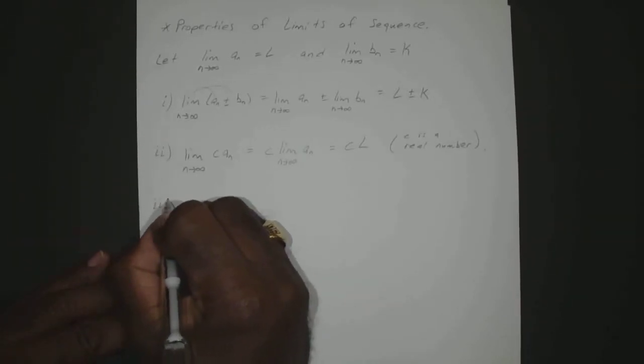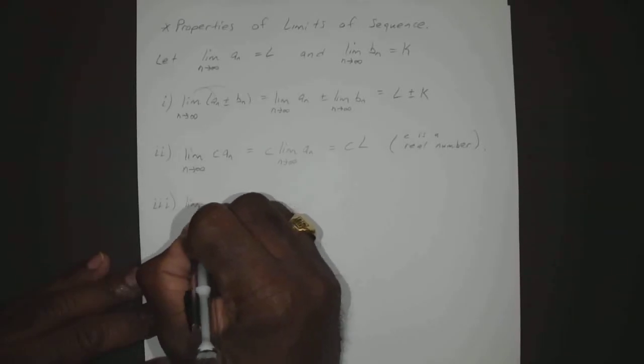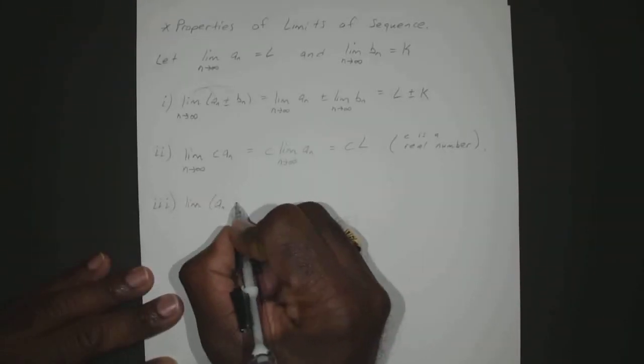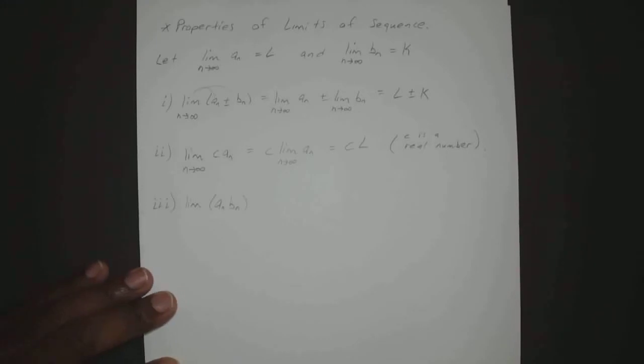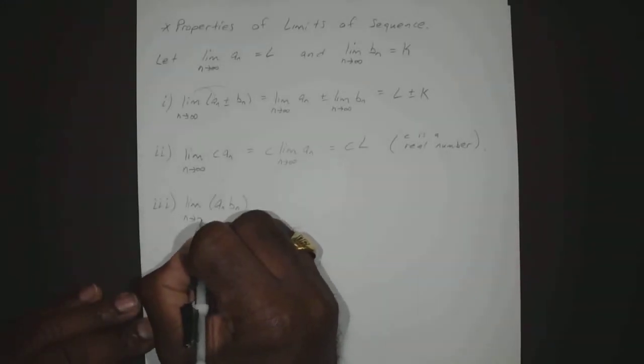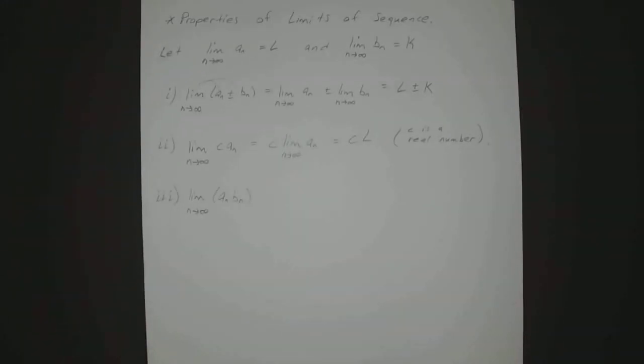Okay. Same thing if you have a product of 2 sequences, a sub n times b sub n, as n approaches infinity. It's just going to equal the product of their limits.